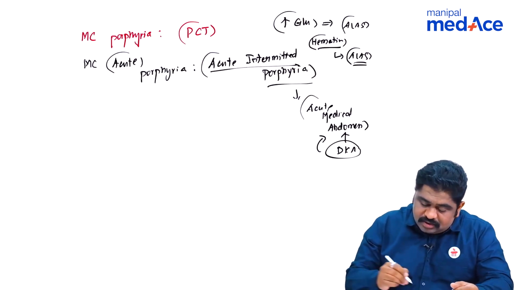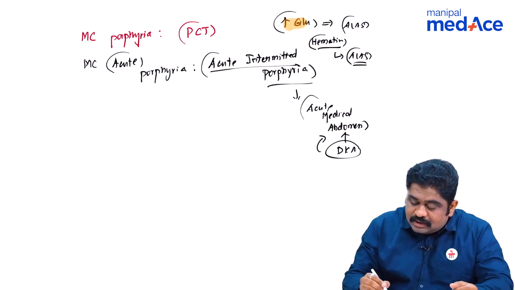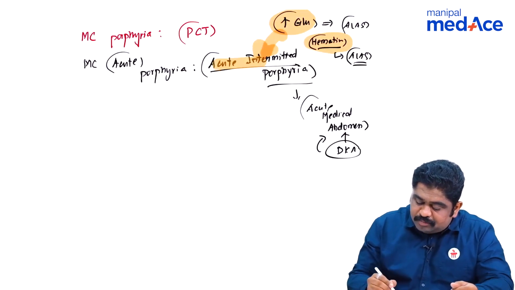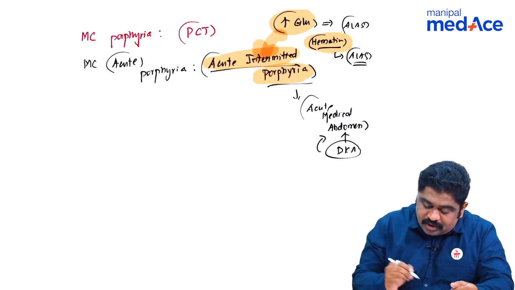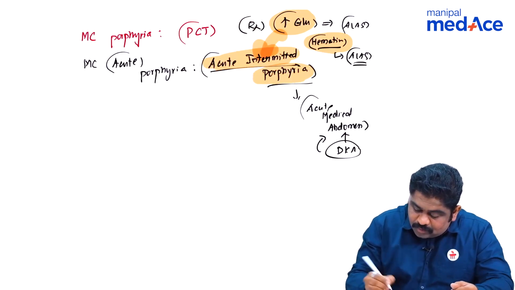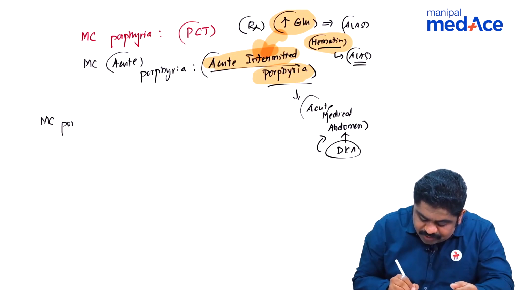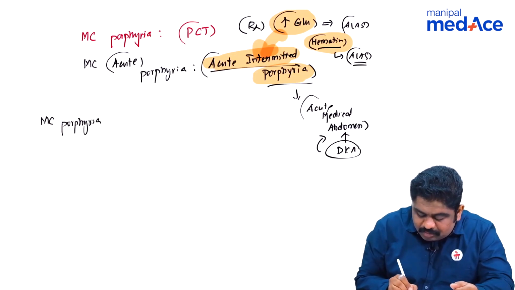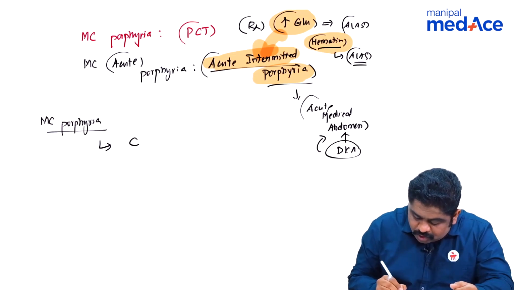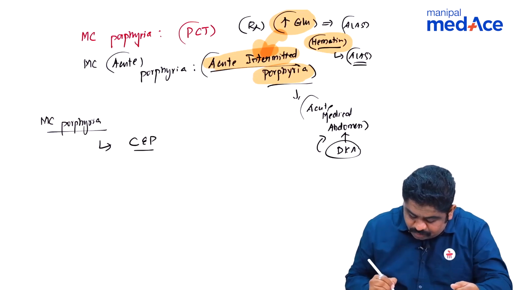So remember, these are treated by medical conditions, that is increased amounts of glucose and hematin can be given as treatment for acute intermittent porphyria. Okay, next you have the most common porphyria that can be noticed in children will be congenital erythropoietic porphyria.